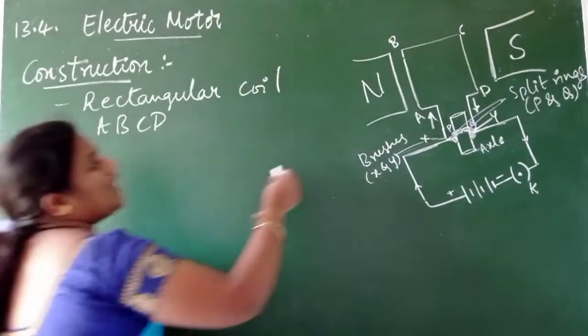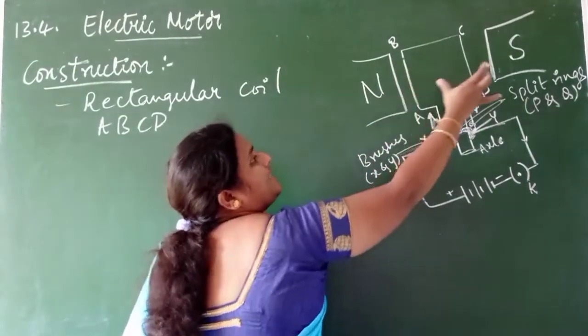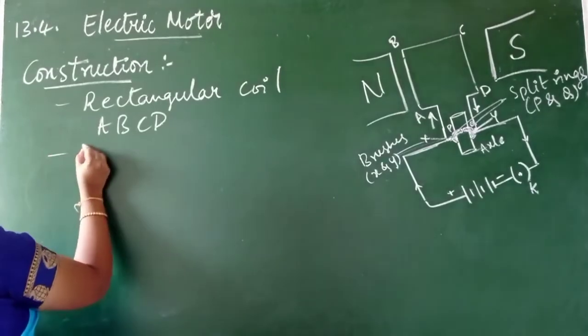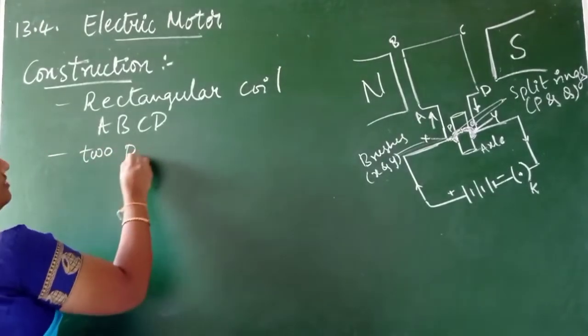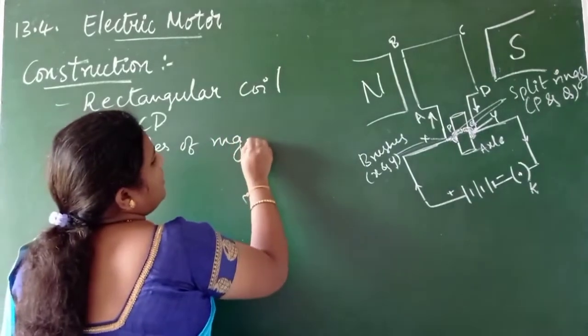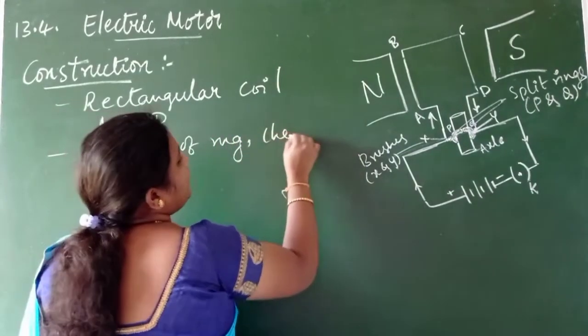And this coil should be placed between the two powerful magnets, means between the two poles of the magnet.